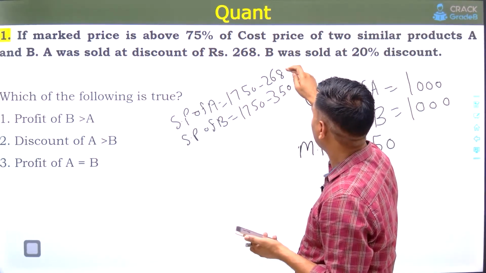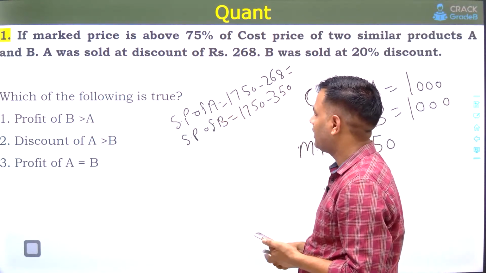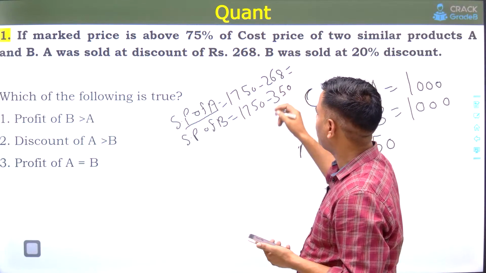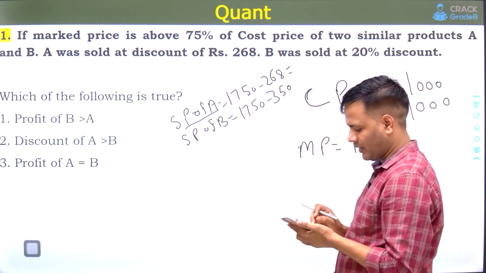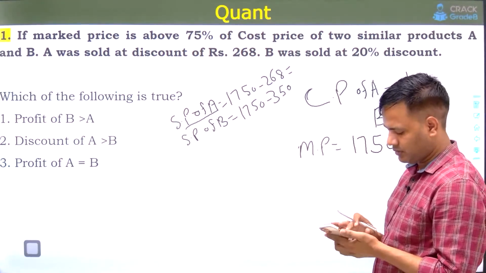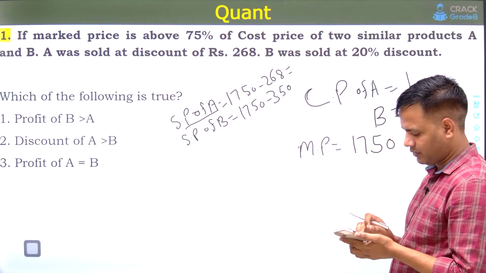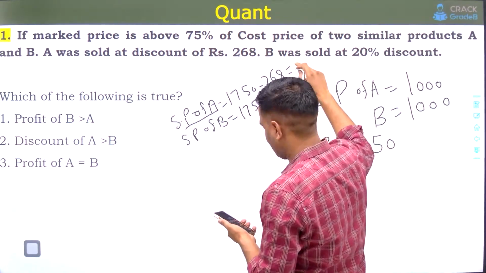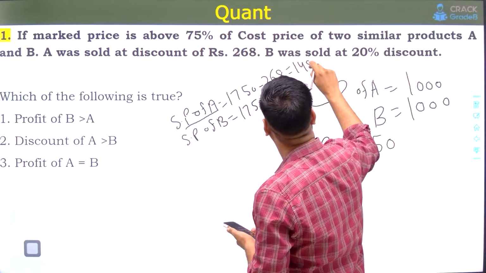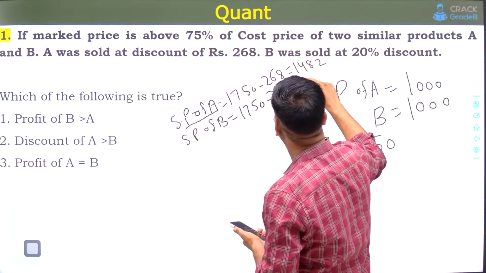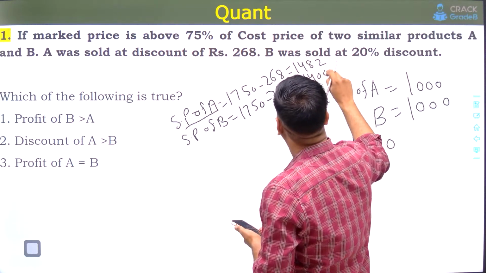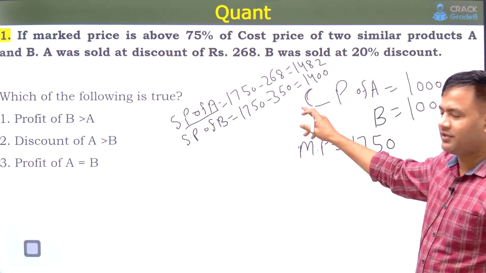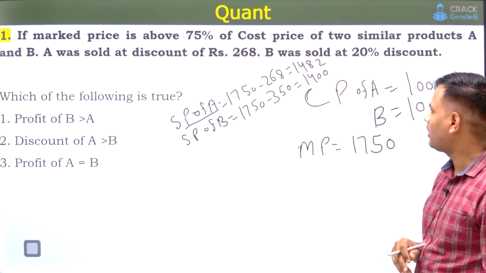It is 350. So the selling price of A is 1750 minus 268, which is 1482, and the selling price of B is 1400.